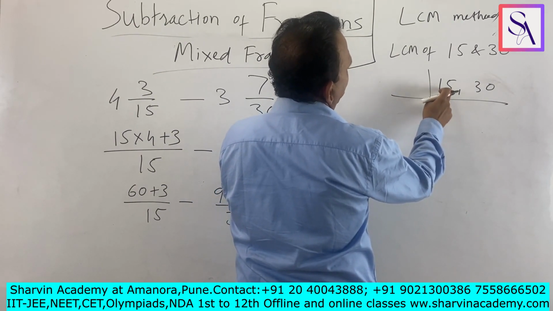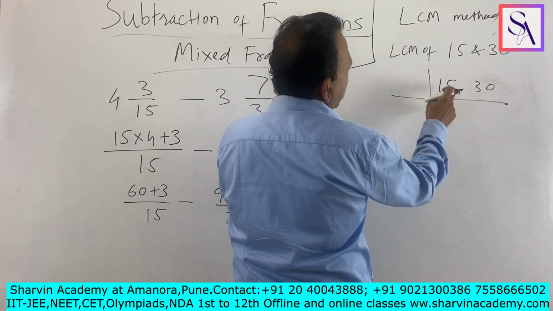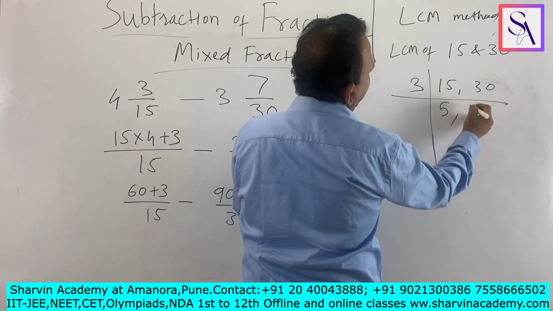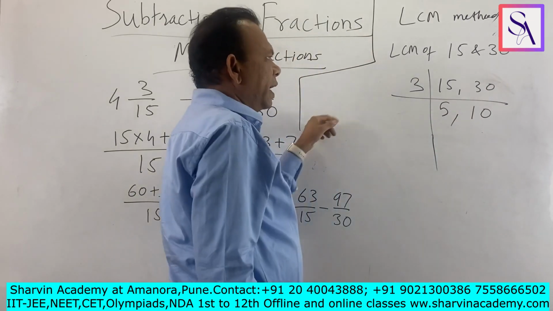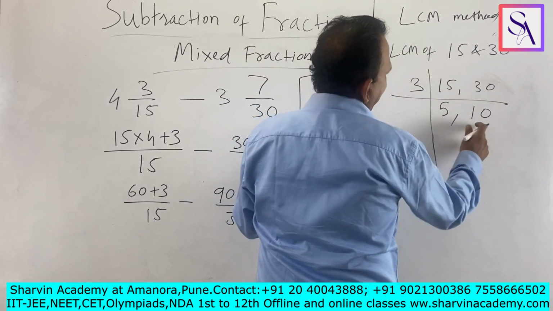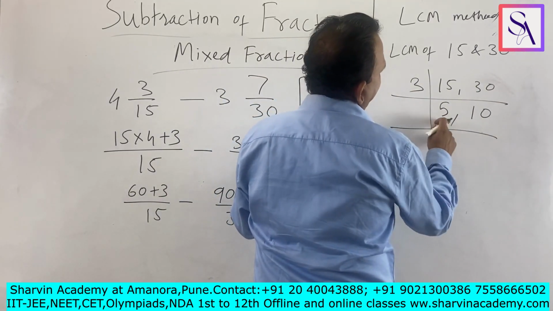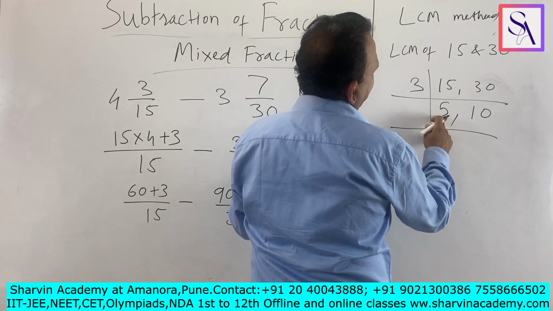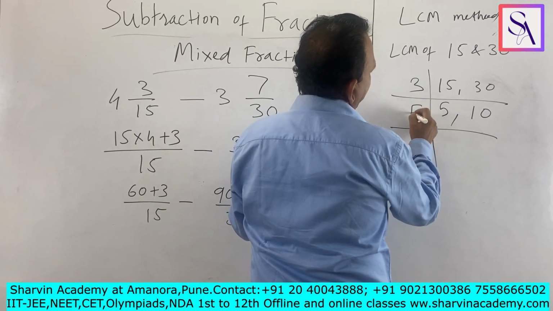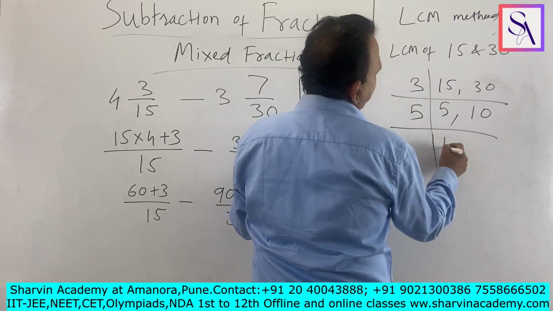No, 15 will not be divisible by 2. So I will take another number, 3. 3 5s are 15, 3 10s are 30, so 3 can divide both the numbers 15 and 30. Then 5 and 10 balance. So 3 is not our number because 5 will not be divisible by 3. So I will take 5. 5 1s are 5, 5 2s are 10.